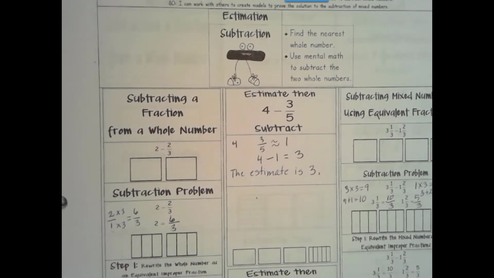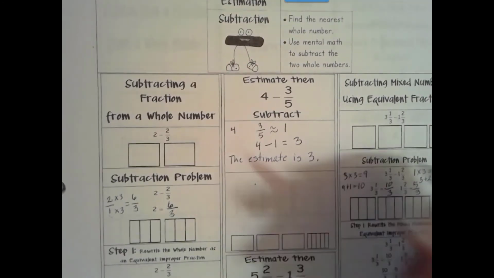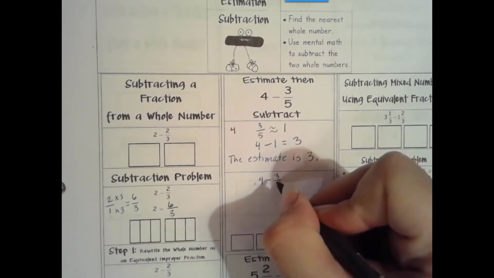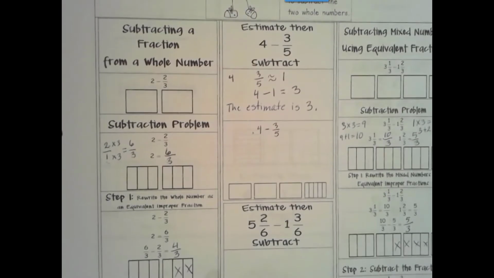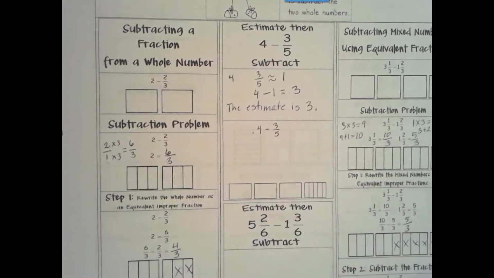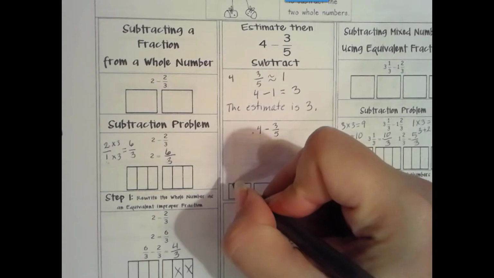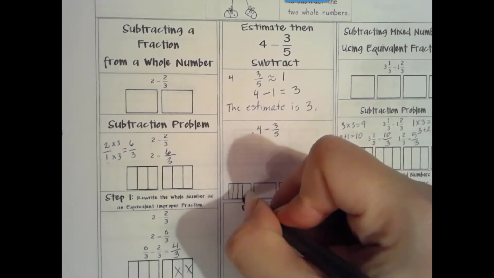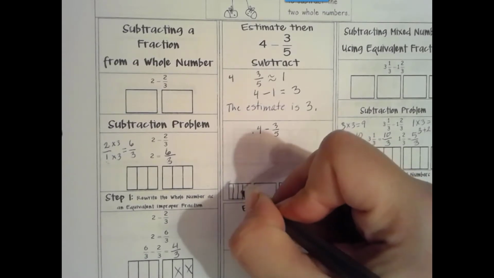Okay. So here, now I'm going to go through the steps. I have 4 take away 3/5. So now I need to take this 4 and I need to cut them all into fifths. I need to cut each one of these. And if yours is not perfect, that is okay. 1, 2, 3, 4, 5.